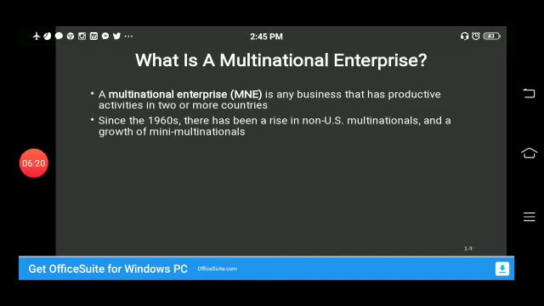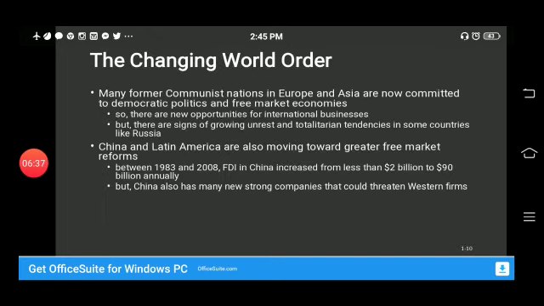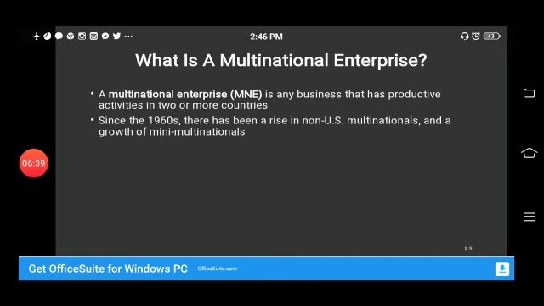Firms from developing countries such as China and South Korea have also emerged as important players. So, in addition to thinking of American companies like Ford and Microsoft, we now think of South Korea's Samsung and Hong Kong's Hutchison Whampoa. The second trend is the growth in the number of mini multinationals.